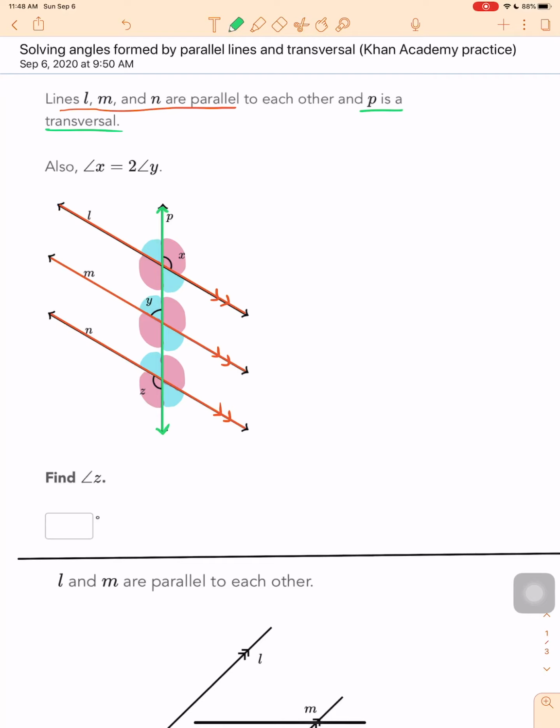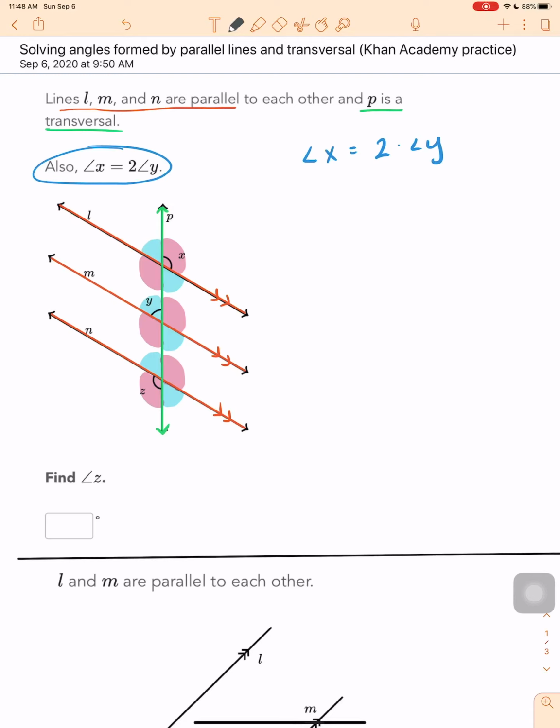So we are given a specific piece of information here. We are told that angle X is equal to 2 times angle Y. So that's really important for us to have. Let's label some of these angles up here, because I see that blue plus the angle X is equal to 180, because they are supplementary, right?